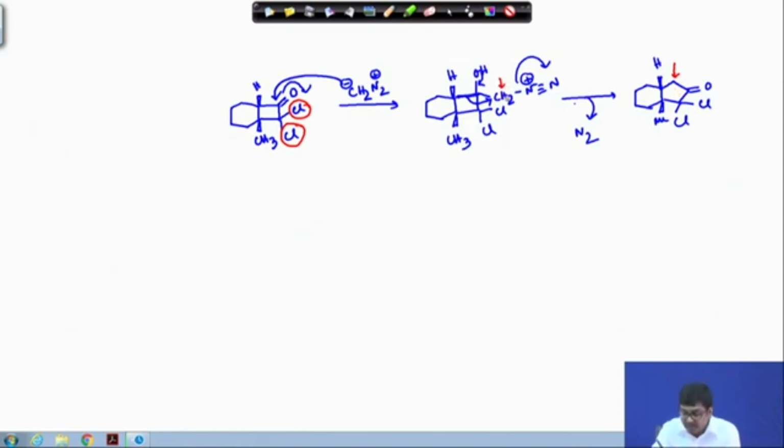Okay. So, then the carbonyl group, because this bond is breaking, right, and here it is making the new bond with this particular carbon and giving the corresponding 6,5 fused ring with dichloro. Okay. Now, this dichloro in the presence of zinc can give the saturation of this ring.